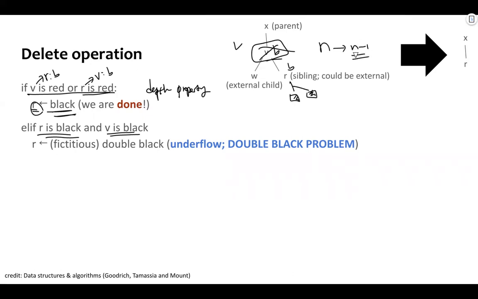And this violates the depth property. And we need to fix this problem. And we call this problem a double black problem. And this corresponds to the underflow situation of 2, 3, 4 trees. And before we resolve this issue, we're going to mark R as double black because it should have one more black.